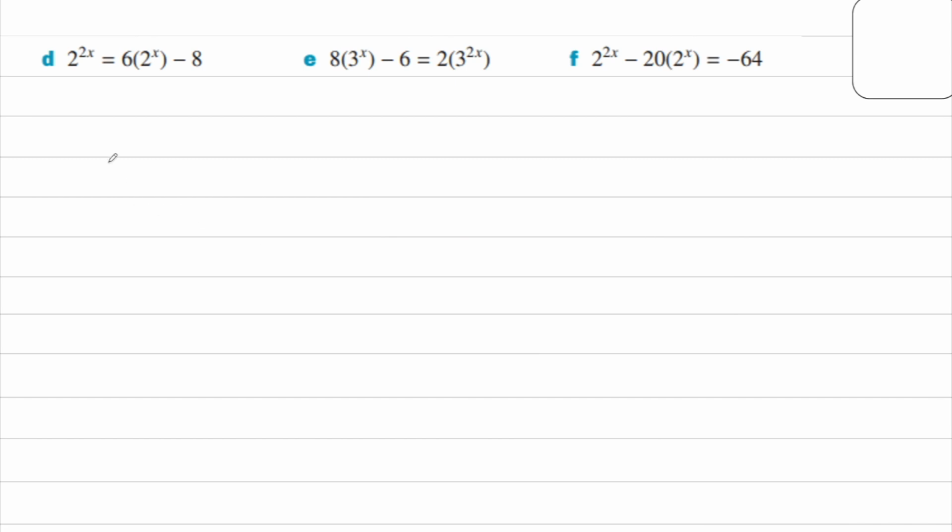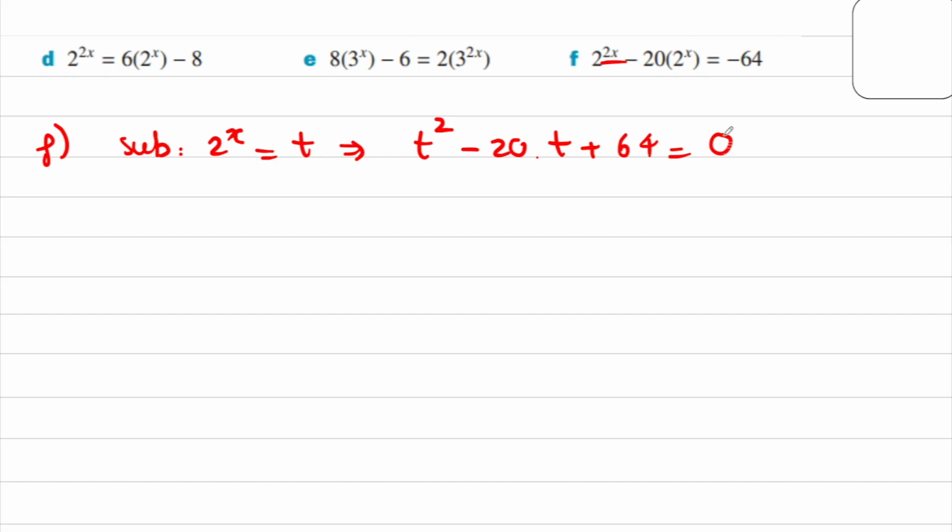Okay, and question F. Move to question F. I can take substitution right now. 2 to the power of x will be t, and you got 2^(2x) here. This means t squared minus 20t plus 64 equal to 0. So how can I solve this one?